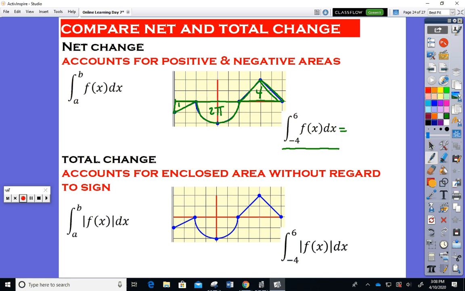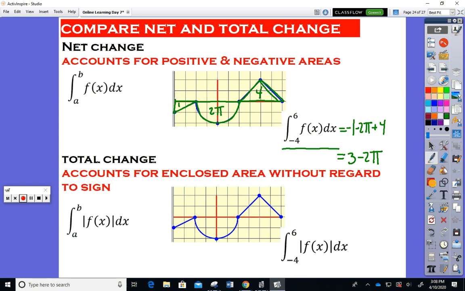So in this case, from -4 to -2 is an area of -1. From -2 to +2 is an area of -2 pi. And then from 2 to 6 is an area of 4. So I'm going to say that that's 3 minus 2 pi, okay, which is negative. 3 minus 6.28 would turn out negative.